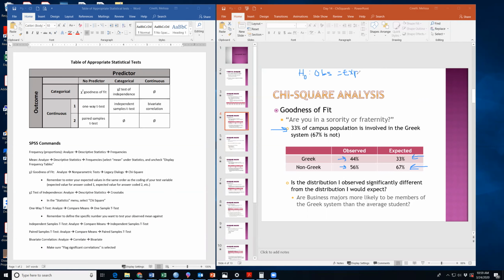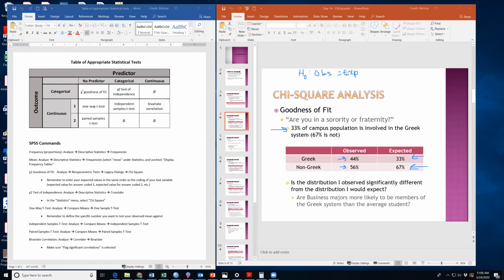In that case, what we observe is equal to what we expected, all right? Remember, this null hypothesis is not saying what I observed is exactly the same numbers as what I expected. What it's saying is the difference between these two things is so small that it's likely to just be due to chance and sampling error, all right? It's likely just a fluke of our specific sample.